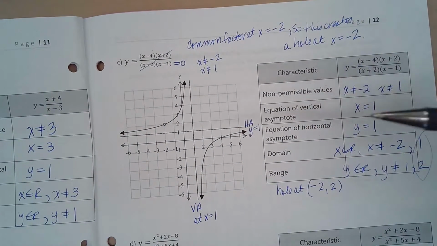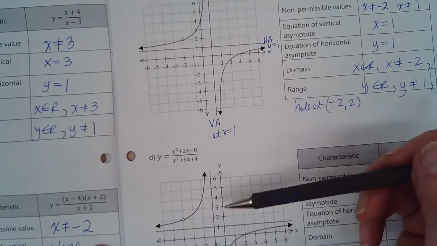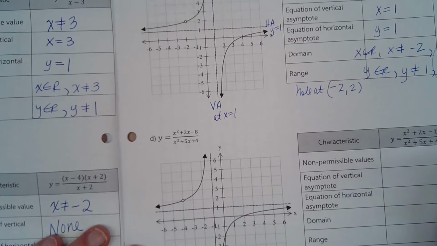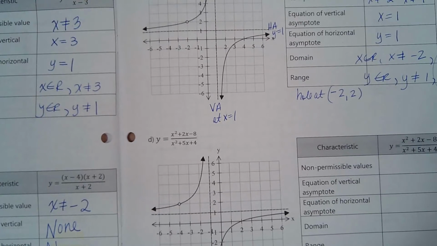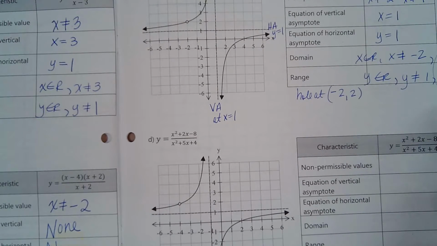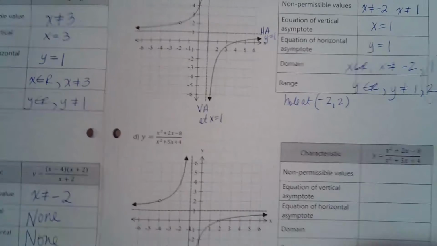So it appears I'm having either a 0 or a 1 for a horizontal asymptote. This one looks like it's 1 again. I know that's really not much to go by, but we saw horizontal asymptotes of 1 or 0 or none.